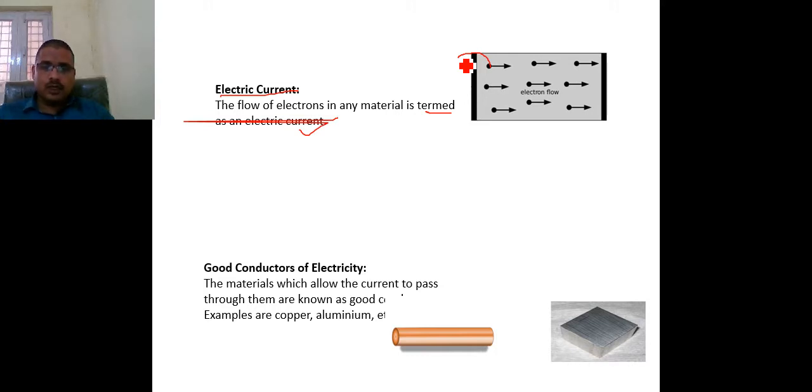In the case of a good conductor, the same thing happens. In a good conductor there are electrons which move from one place to another, and because of the movement of the electrons, there is charge creation, and when that charge flows along the given path, the current flows.